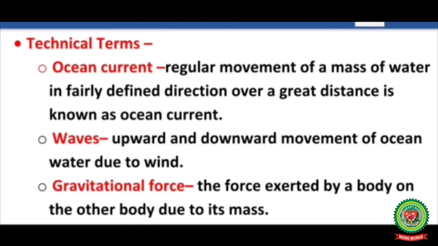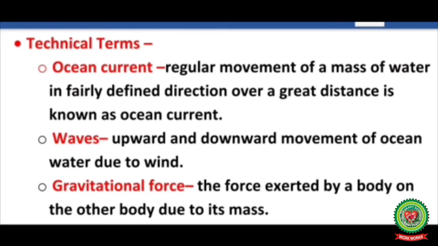The first term is ocean current. Regular movement of a mass of water in fairly defined direction over a great distance is known as ocean current. Waves. Upward and downward movement of ocean water due to wind. Gravitational force.